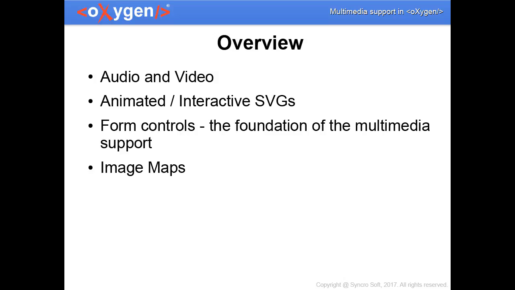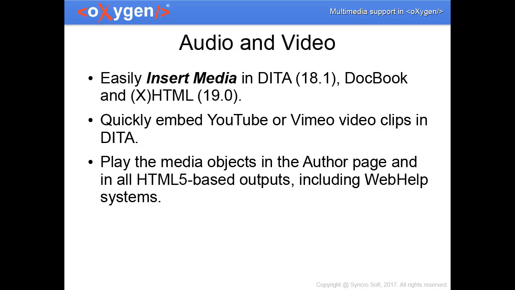We will also have a look under the hood at the form controls that lay the foundation for the multimedia support in Oxygen, and we will conclude this presentation with the support for image maps. So let's start with the first point, audio and video support in Oxygen.